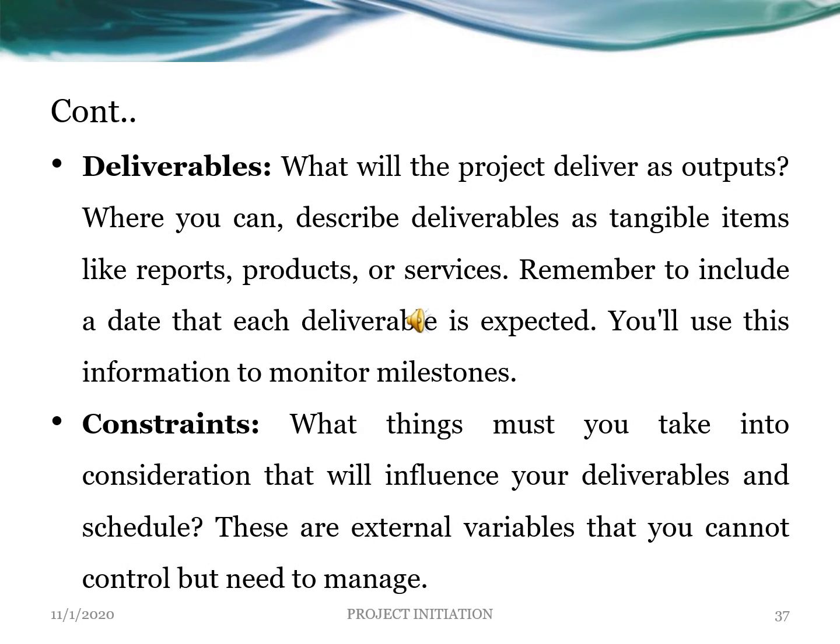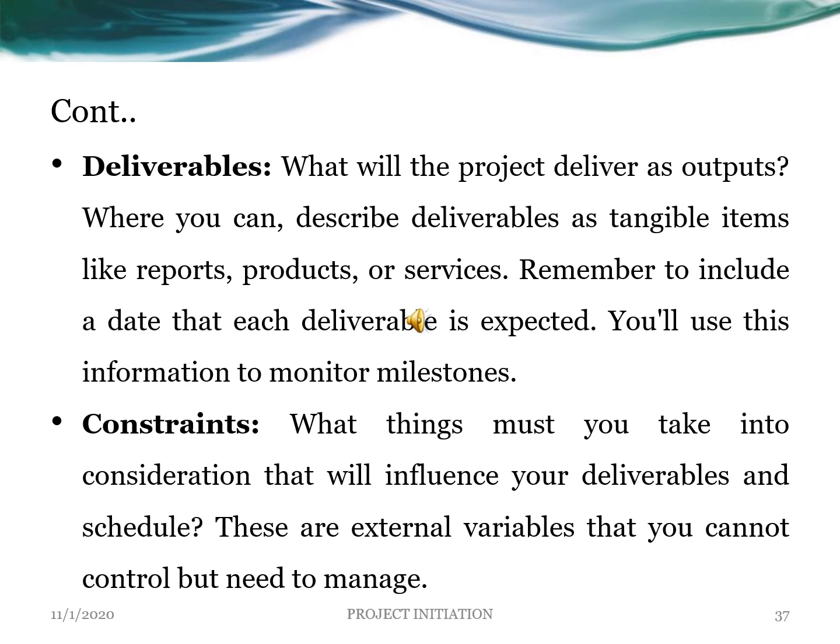The what also includes the deliverables. What will the project deliver as outputs? Where you can, describe deliverables as tangible items like reports, products, or services. We need to remember to include a date that each deliverable is expected.